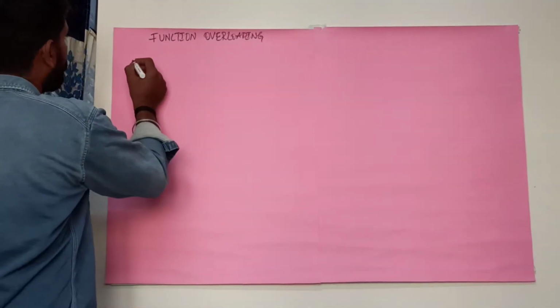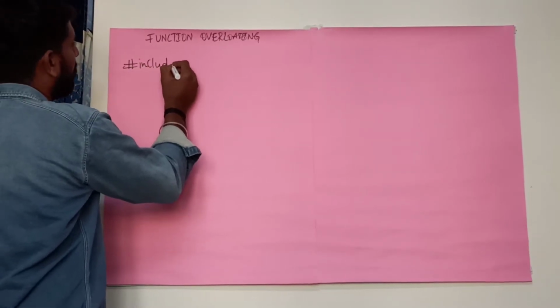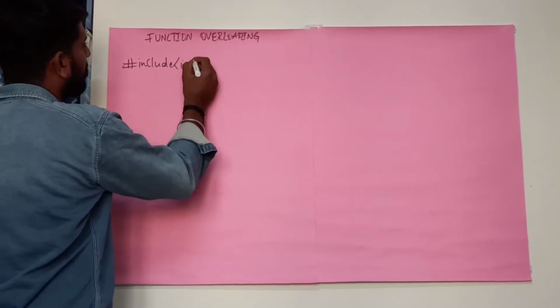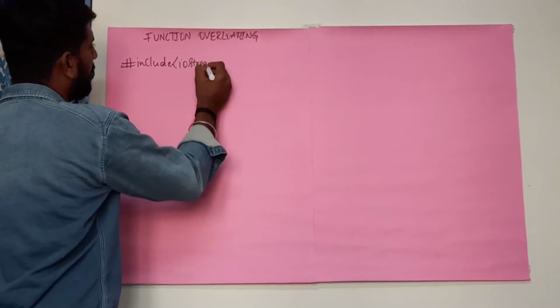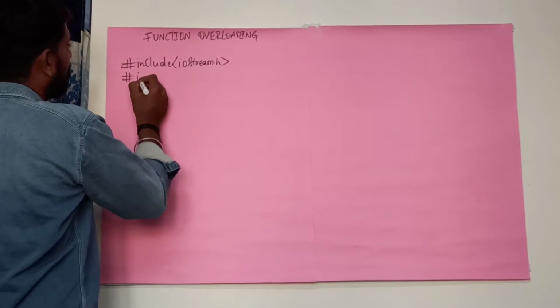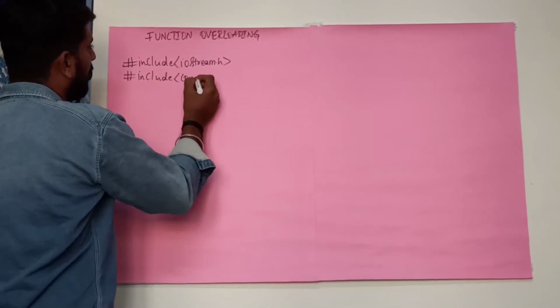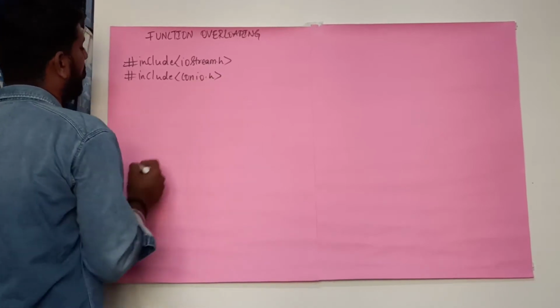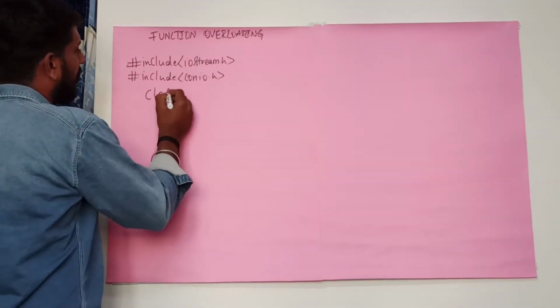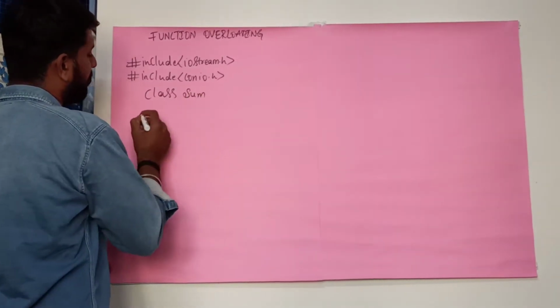Starting with the first header file, it is #include <iostream.h>. The next thing is #include <conio.h>.